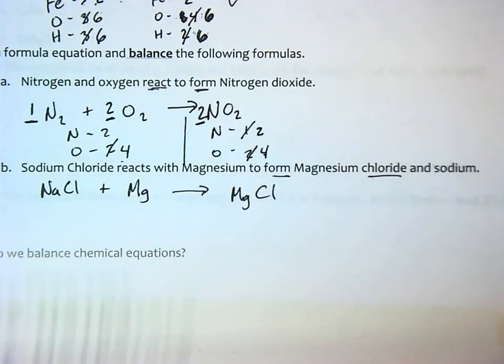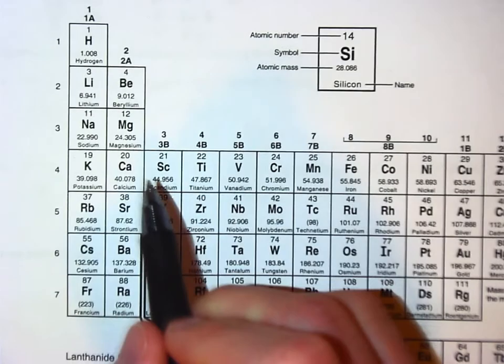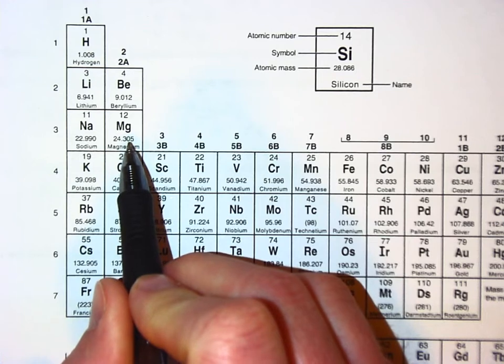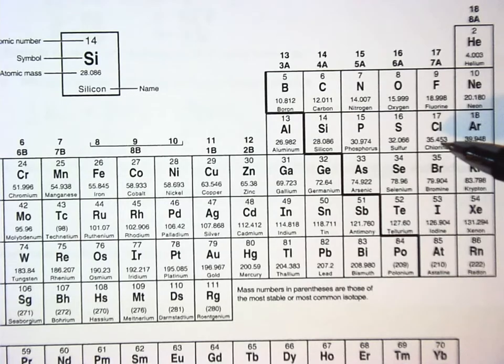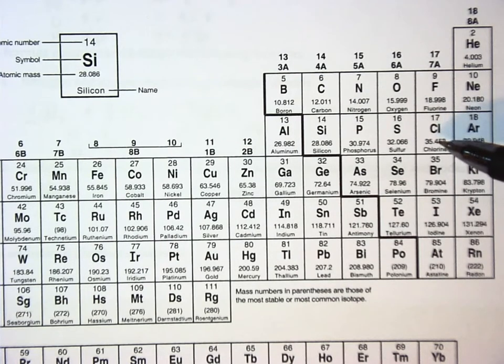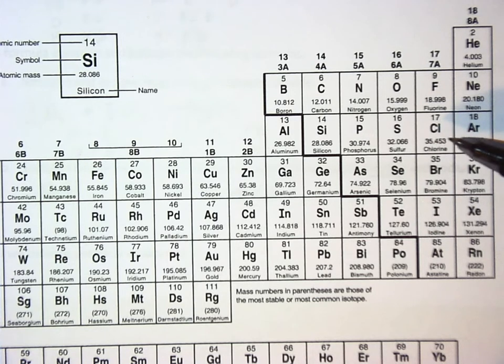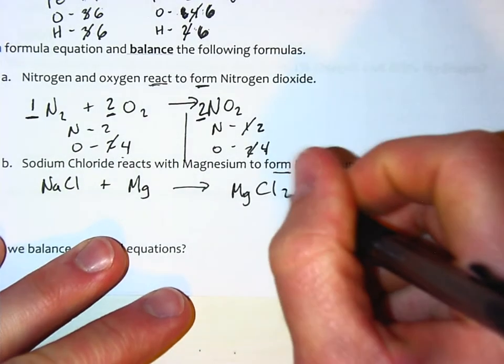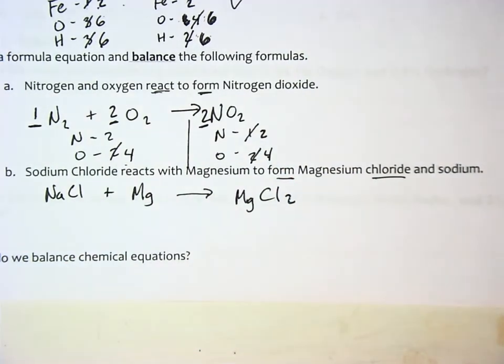Magnesium has a charge of +2, and we said chlorine has a charge of -1. So I'm going to have 2 chlorides to balance the charge of the +2 magnesium. So this Cl has got to have a 2 in order to balance those charges.